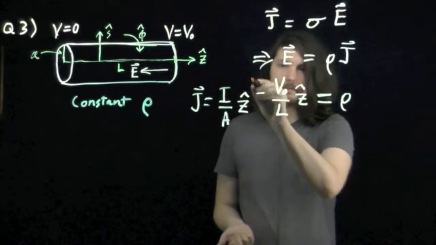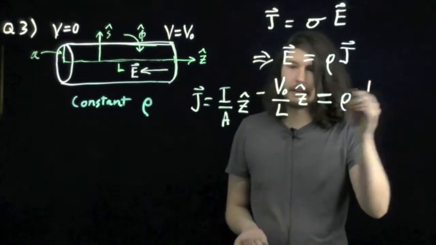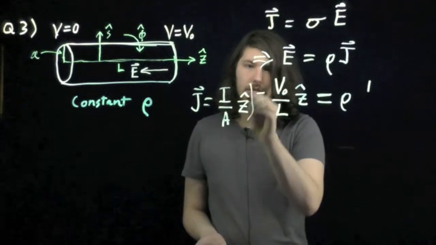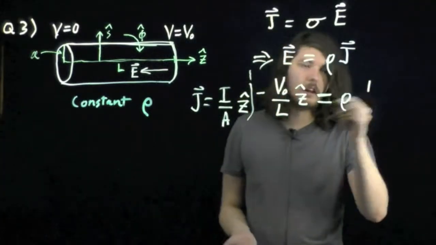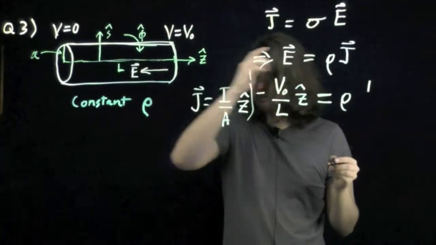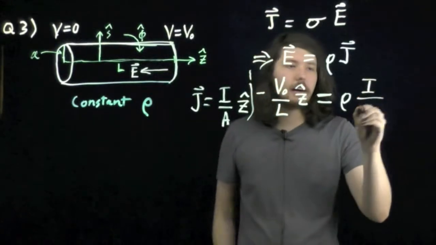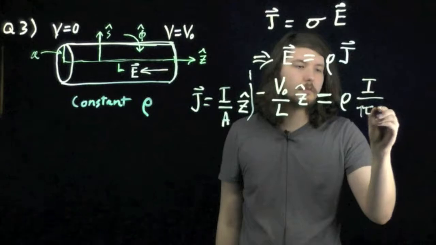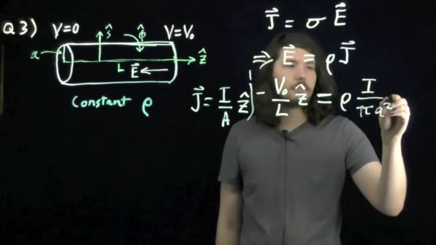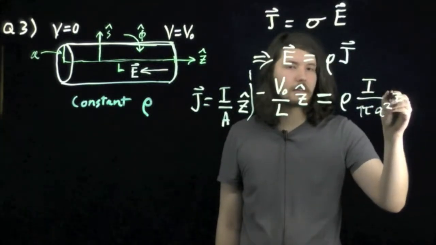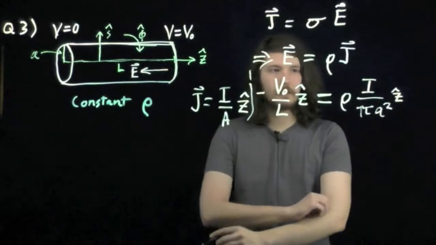So the expression that we have for our current density is I over pi a squared times the z-hat component.